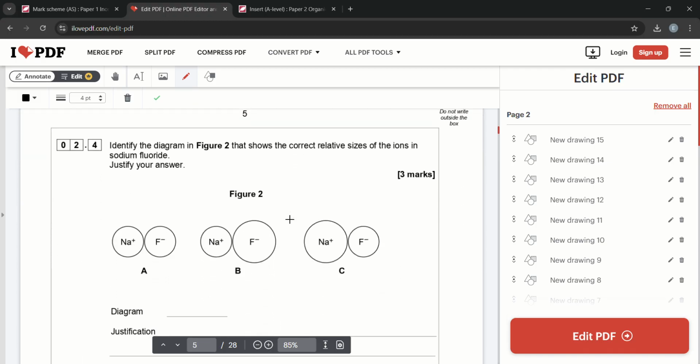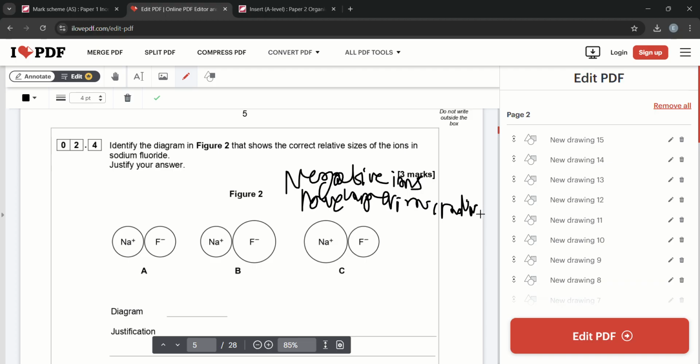And then 2.4, identify the diagram in figure 2 that shows the correct relative sizes of the ions in sodium fluoride. Well, negative ions have larger ionic radius compared to positive ions.